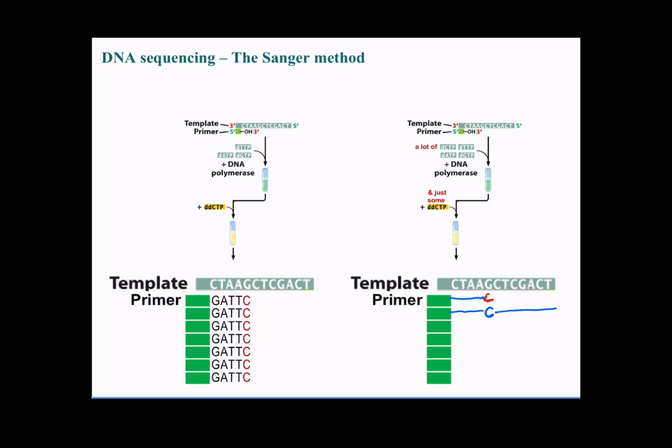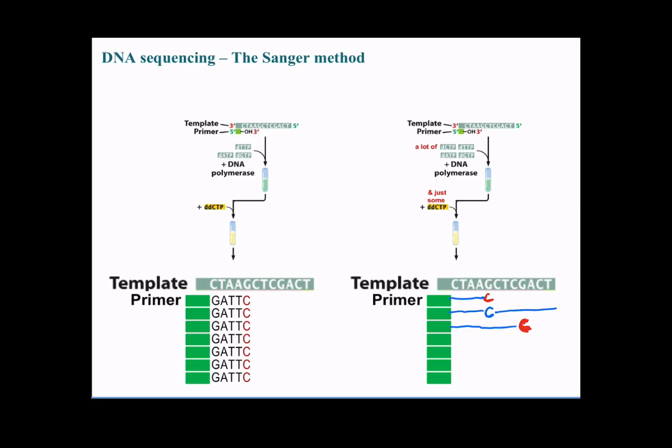In some cases, the synthesis will continue up to that second G position, and chance might have it that DNA polymerase again picks up one of these dideoxy CTPs, adds it to the growing DNA strand, and now it looks like a G. I meant a C. And then it stops because that C is modified and doesn't have a 3' hydroxyl.